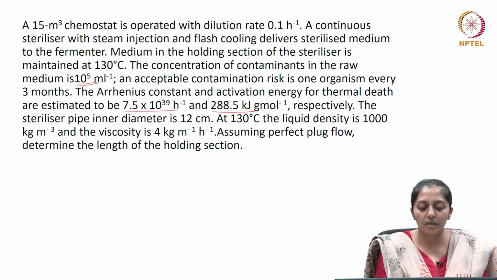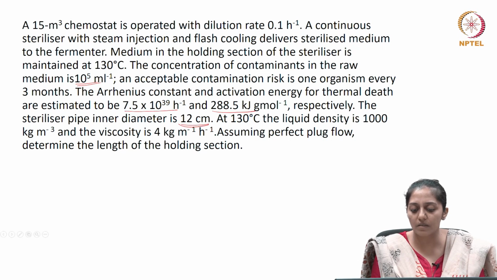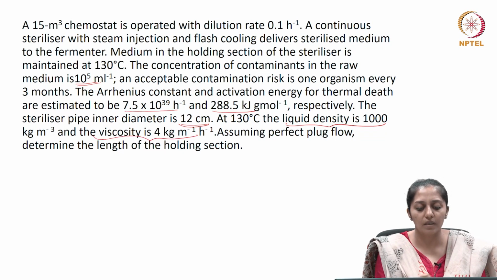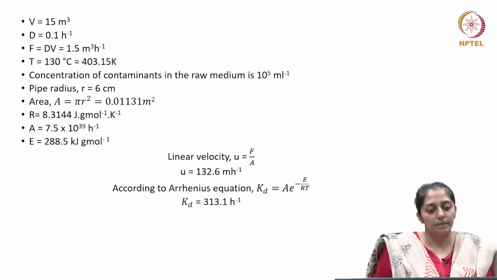The inner diameter of the sterilizer pipe is given as 12 centimeters. At the sterilization temperature, which is 130 degrees C here, the fluid properties including the density and the viscosity are known. It is safe to assume that the fluid is under plug flow conditions, and we need to determine the length of the holding section.